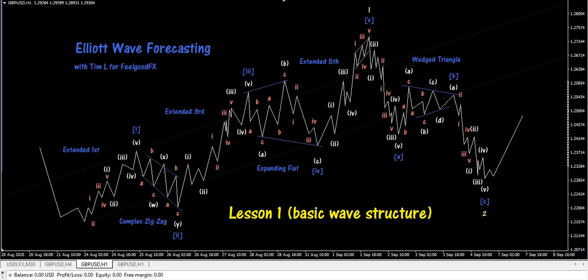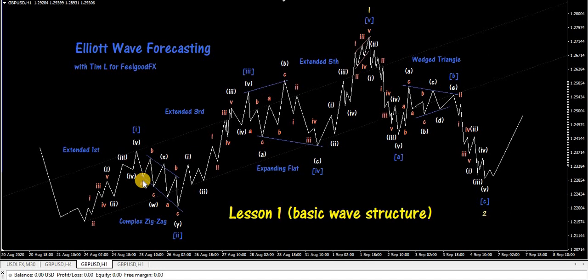So what I've done here with our wave 2 is I've given you guys what is a complex correction, or what you call a double three. Sorry, a double three, man, a double three. And what a double three looks like, if you guys want to try and understand it, is two corrections inside a larger correction.